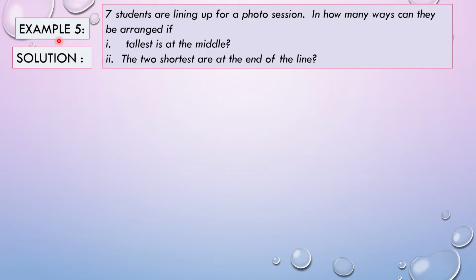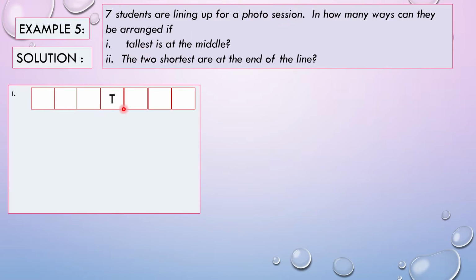Example 5. 7 students are lining up for a photo session. In how many ways can they be arranged if the tallest is in the middle? So altogether we have 7 students. The tallest has to be in the middle, so I put T to represent the tallest student.